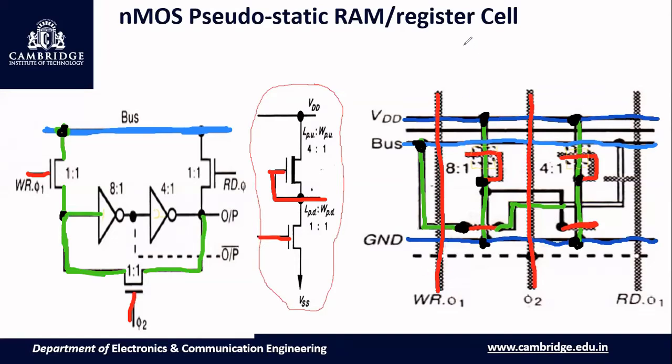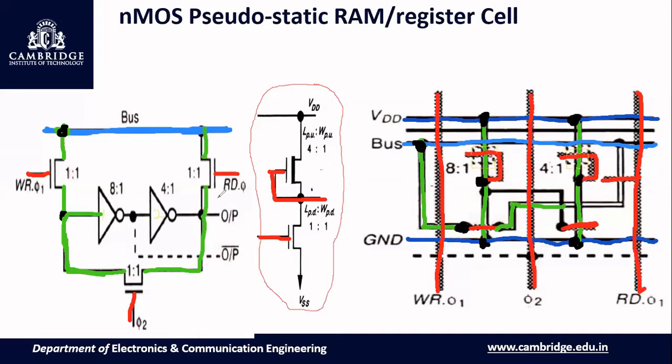Next, one more transistor is required here for RD.51. That is drawn here for RD.51. Then diffusion. From where should it be connected?